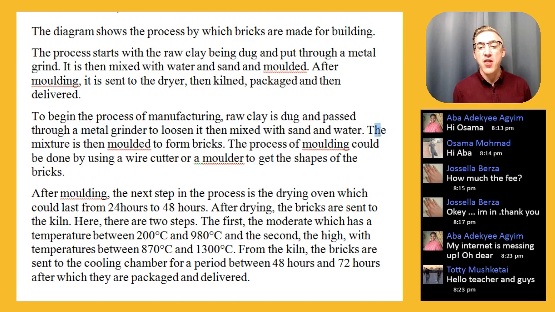And then we have the mixture, right? The process, a wire cutter, a molder, the shapes, the bricks. You see all of this article usage is actually very well done here, okay? But a lot of students really struggle with that for task one, okay?